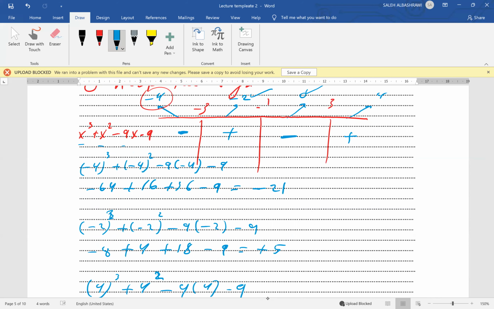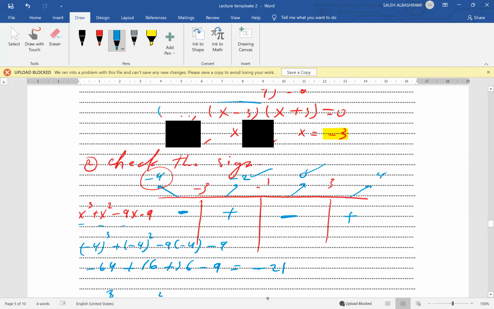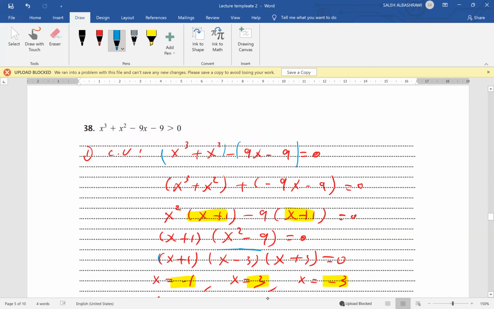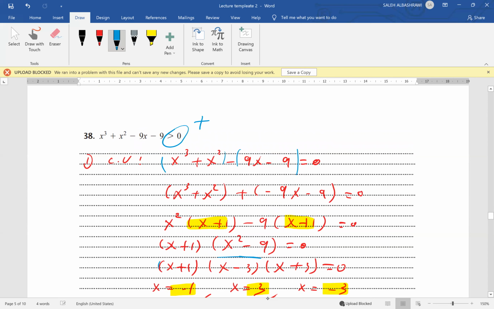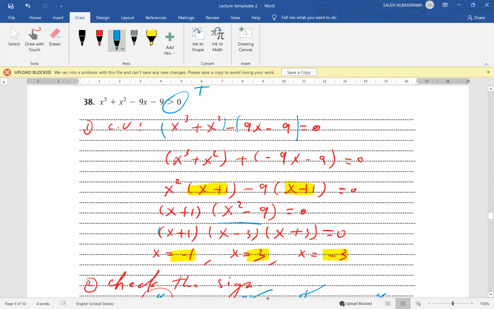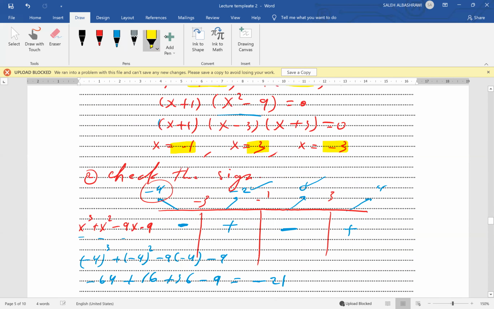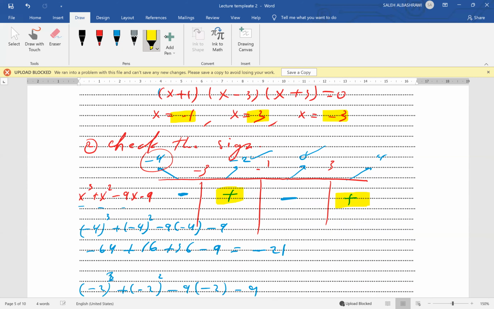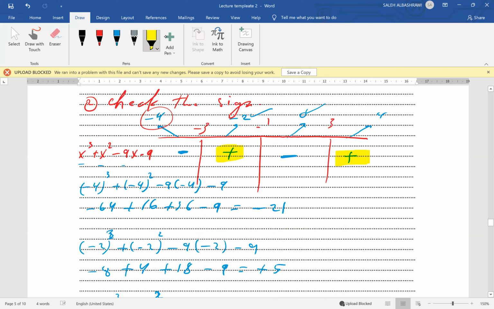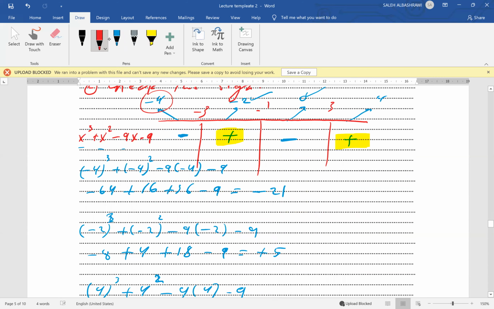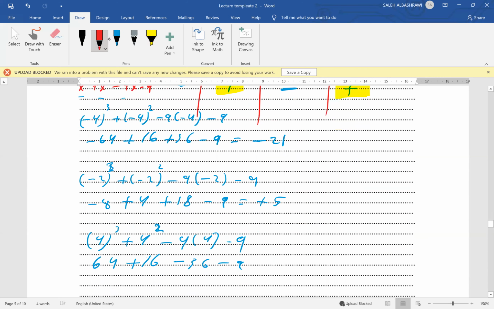Now, which one should I choose, the positive or the negative? I have to check the sign: it is positive. So the solution set will be the positive sign. The positive sign is this interval and this interval. We can write the solution set: between minus 3 and minus 1, and greater than 3.